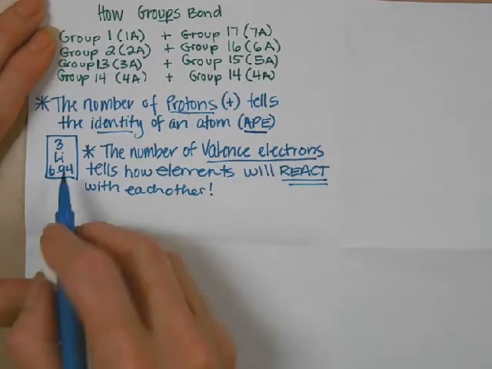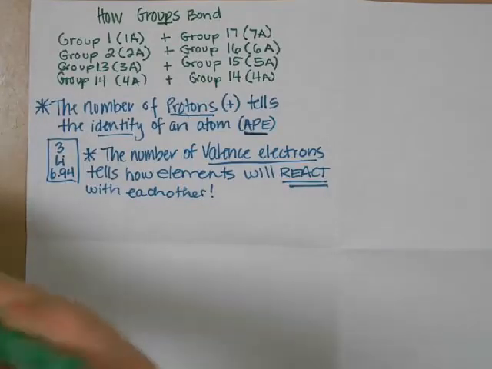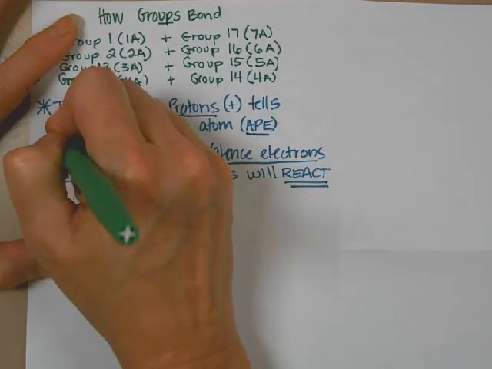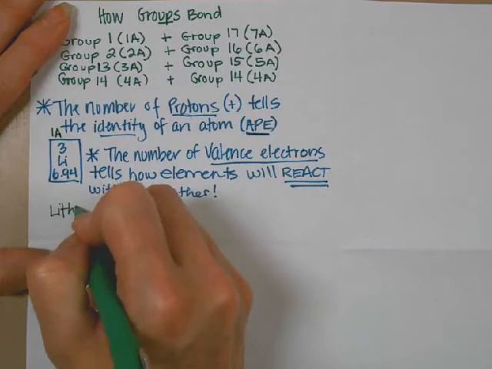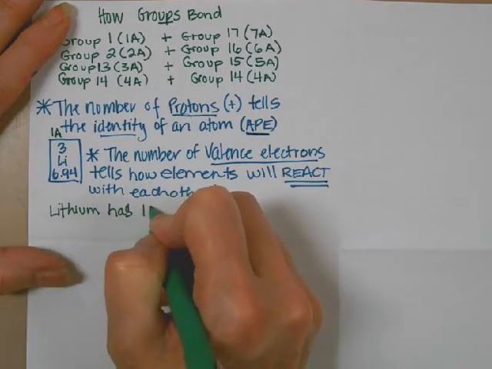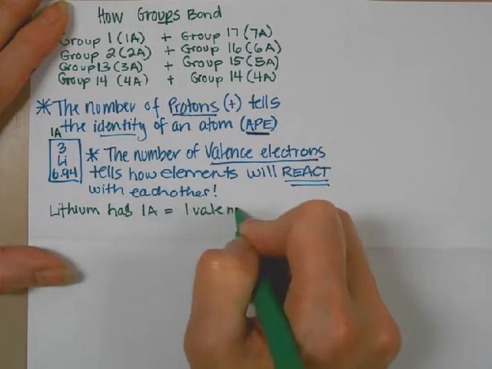So, if we look at our example of lithium, lithium is in group 1 with 1A, meaning 1 valence electron.